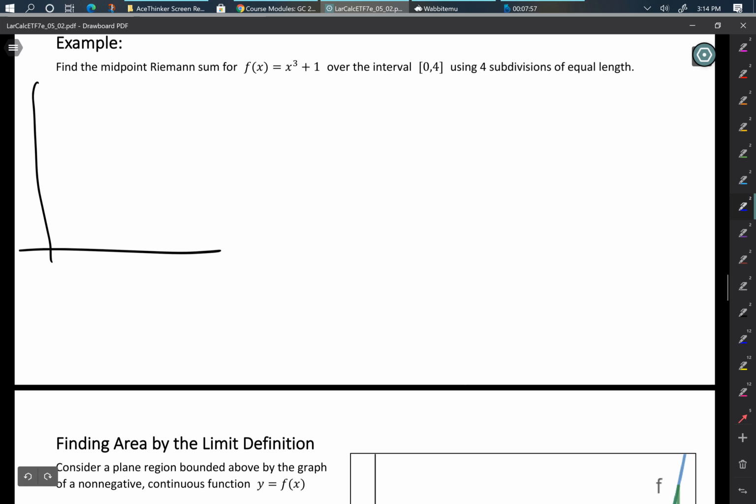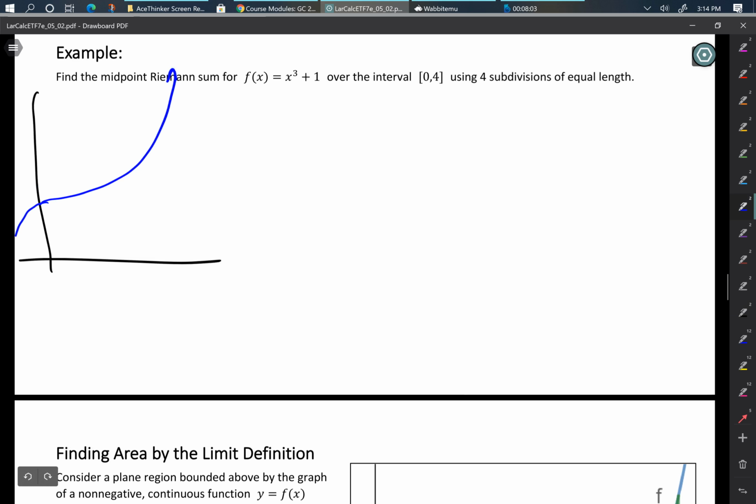I have the function x cubed plus 1, translated vertically 1 unit, on the interval 0 to 4, and I'm approximating this area right here. Right?